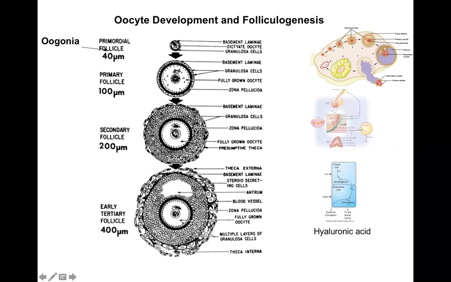Now, in this entire process, there is formation of another layer, which is known as the theca cells. Now, theca cells are of two types: number one is theca externa and the other is theca interna. And both of these are important layers in the production of estrogen.